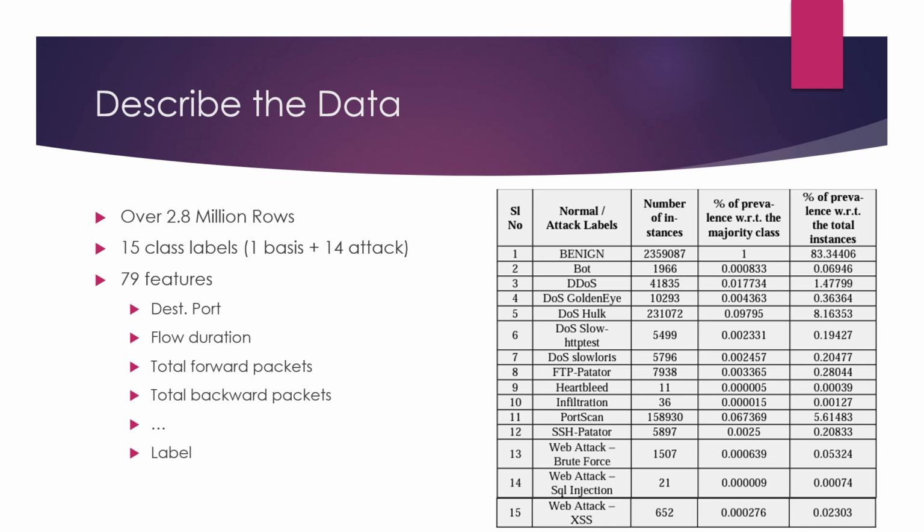So what does this mean? Well, on the right-hand side, we have the labels: benign, bot attack, DDoS attack, DoS GoldenEye attack, DoS Hulk attack, and the number of instances of each attack occurring. 83% of the total data in this dataset is going to be benign.